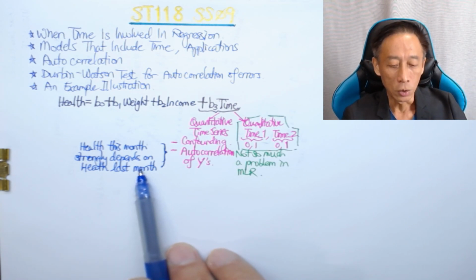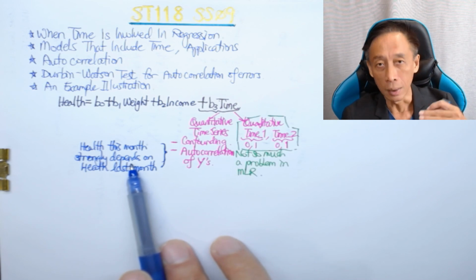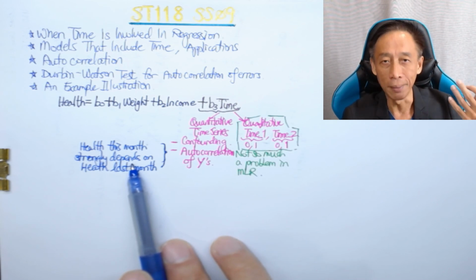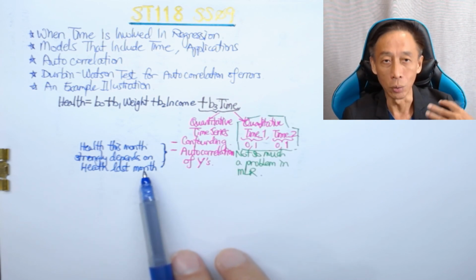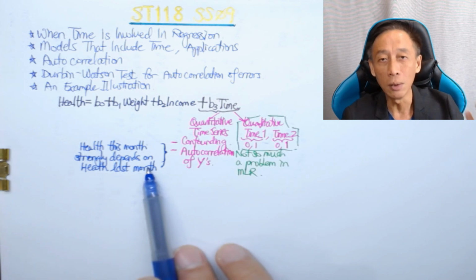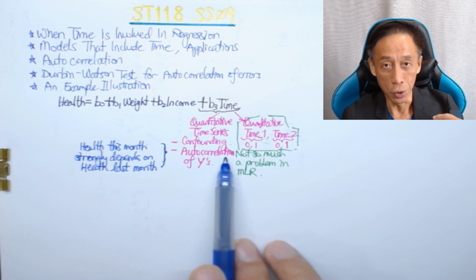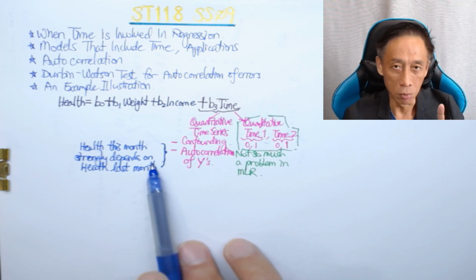So the health of this person is highly dependent on last month's health. That's what we call order one autocorrelation. You depend on one cycle before.